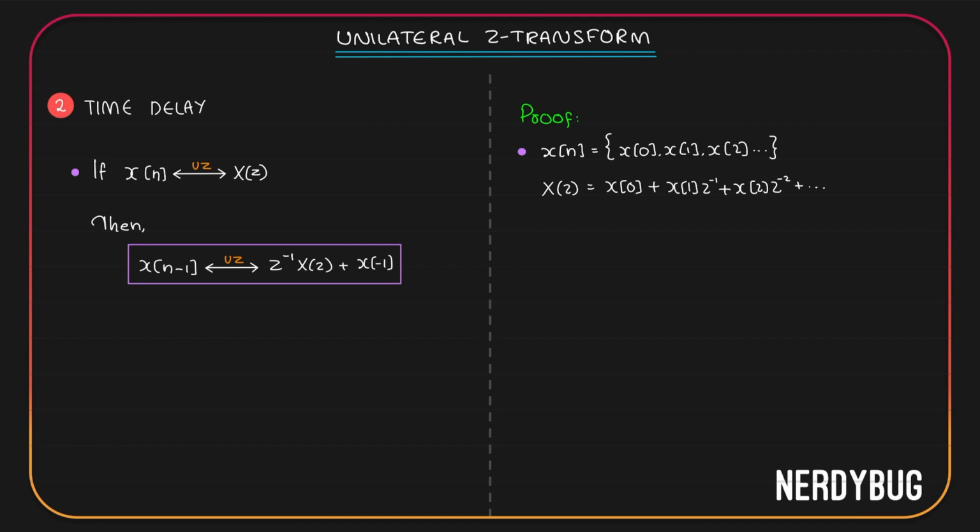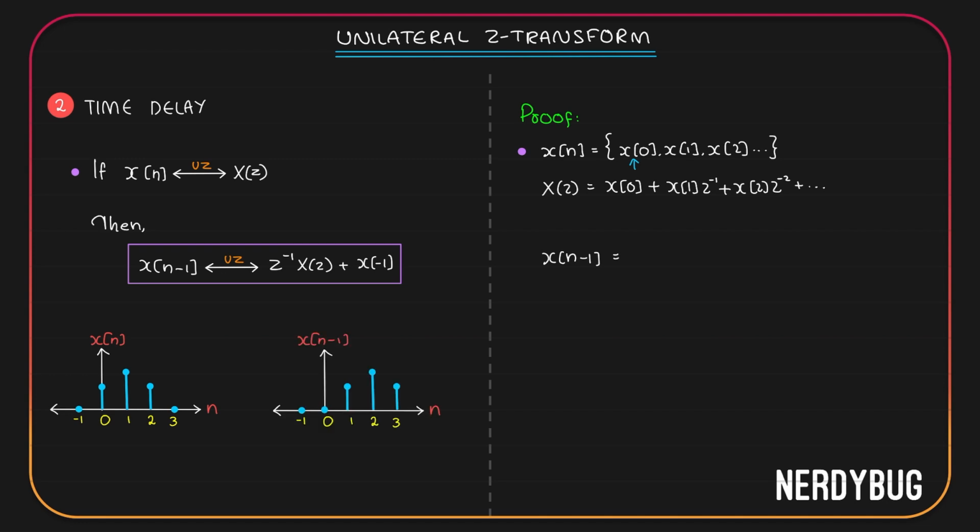Now let us take the shifted version of x of n, that is x of n minus 1. Assume this is x of n, then this will be x of n minus 1. X of n minus 1 is x of n shifted 1 unit towards the right. Now, for unilateral Z transform, we only take values of n that are greater than or equal to 0. So for x of n, we'll be taking all of these values.